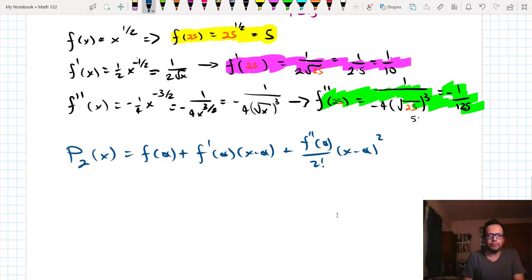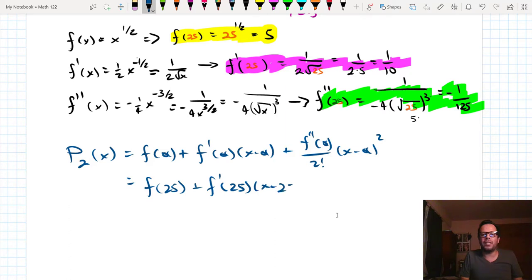So I'm going to write f of 25 plus f prime of 25 times x minus 25 plus f double prime of 25 divided by 2 factorial, which is 2, times x minus 25 quantity squared.